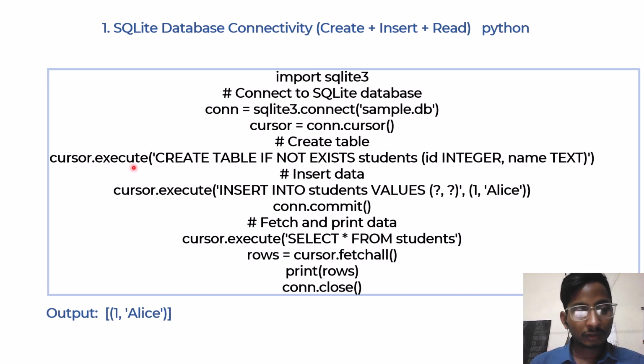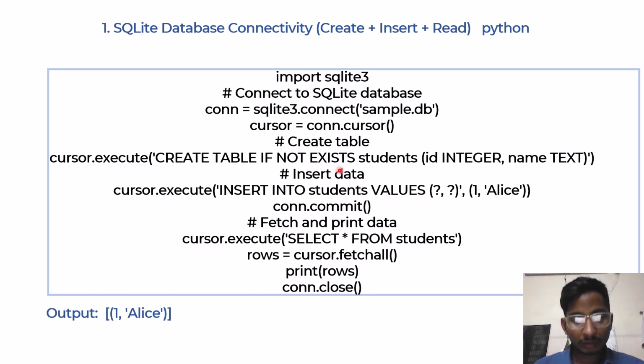Cursor.execute creates a table if not exists: student with id integer and name text. Then we insert the data: cursor.execute insert into values, and then commit.